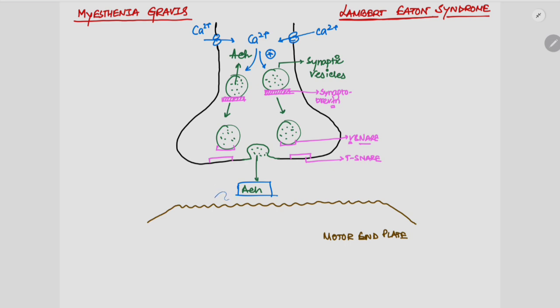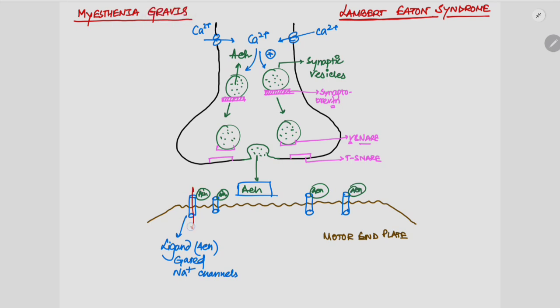Over here, these are acetylcholine gated sodium channels, or ligand gated channels, where acetylcholine gets bound. Acetylcholine binds to these receptors and opens them, due to which sodium enters into the postsynaptic muscle membrane, the motor end plate.